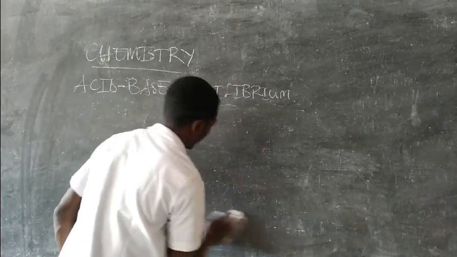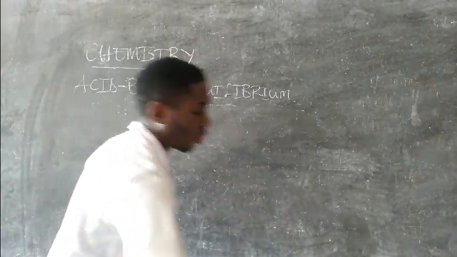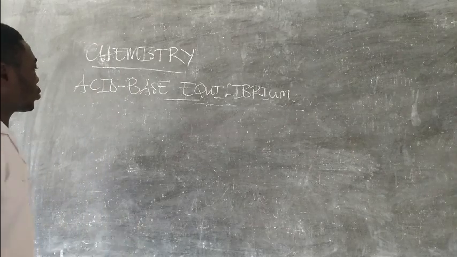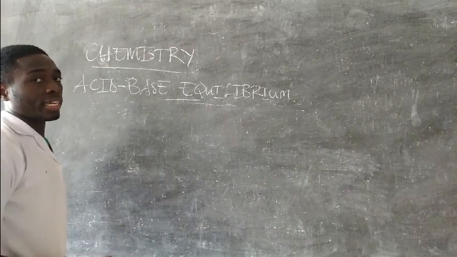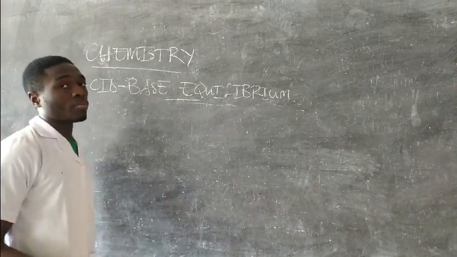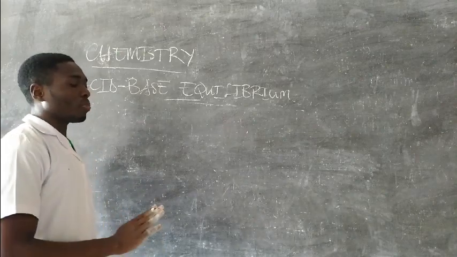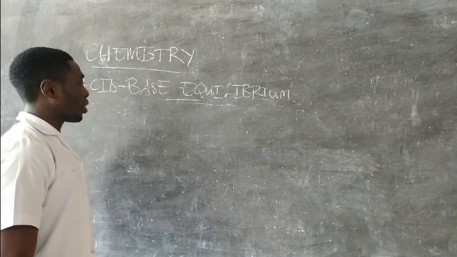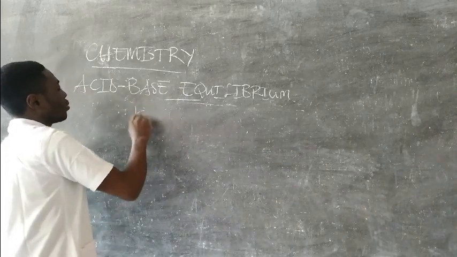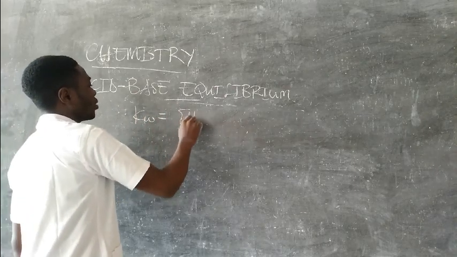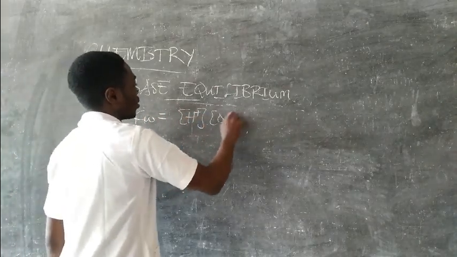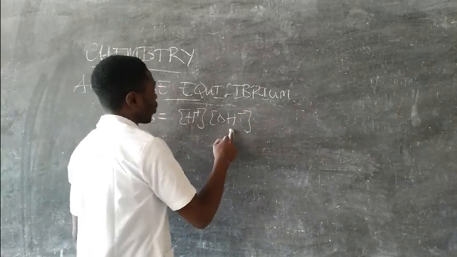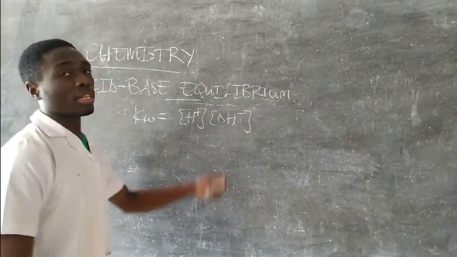You can rewind and pause to copy. Now the next thing I will throw more light on is how to calculate the pH of water. If you are calculating the pH of water at any temperature, there is no link between the pH and the temperature in terms of the formula. So if you know that Kw is equal to the concentration of H plus times the concentration of OH minus, remember that water gives equal amounts of H plus and OH minus.